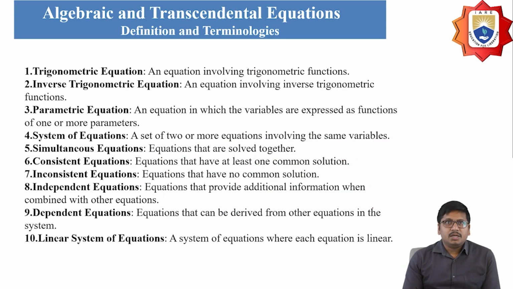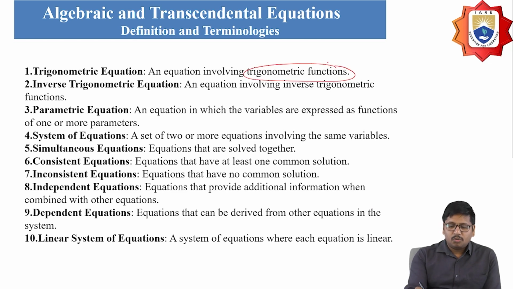So what is the trigonometric equation? The equation that involves trigonometric functions is nothing but a trigonometric equation. An equation which involves inverse trigonometric functions, I can say that should be an inverse trigonometric equation.